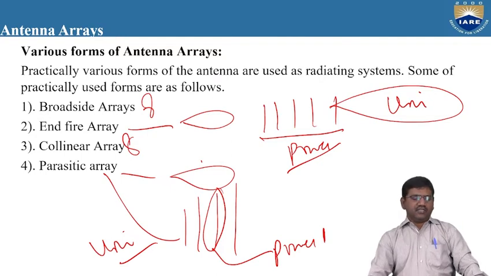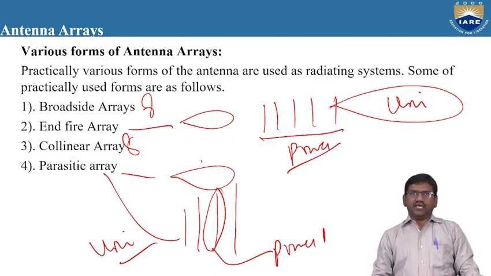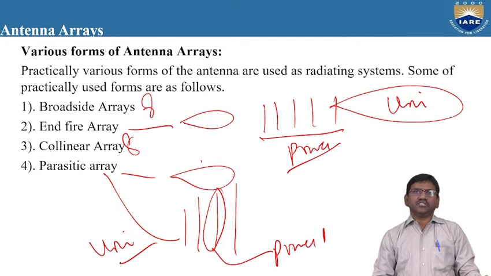So this is one of the major differences between the end-fire array and the parasitic array. And moreover, in the end-fire array, as we are giving power to all the elements of the array, the field strength produced will be more than in the parasitic array, which is also unidirectional.